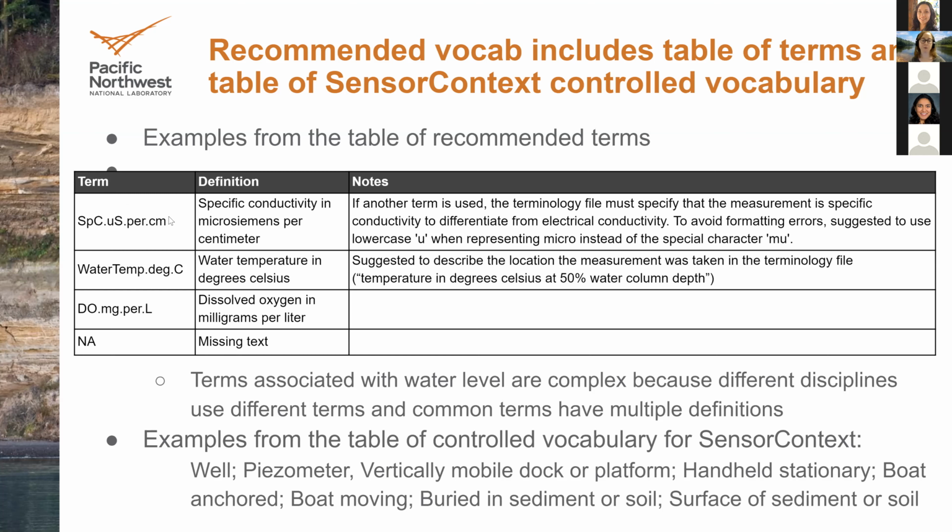So to again use specific conductivity as an example, it has this definition, and then the notes say that if a user decides to use a different term, then they have to specify that it's specific conductivity, not electrical conductivity, which is something that people often forget to do. And it also reminds them not to use special characters when using micro. So that is how the column headers and other recommended terms are set up.